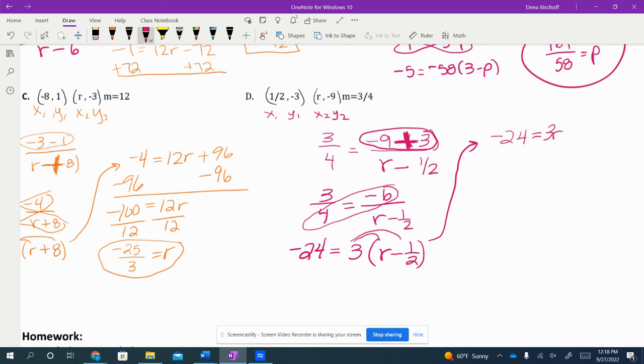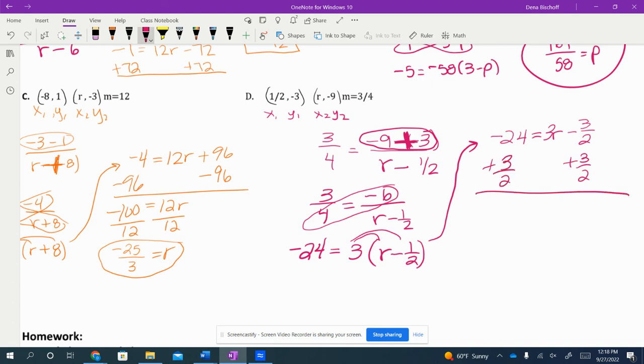And 3 times negative 1/2 becomes negative 3 over 2. Is there another way to write negative 3 over 2? Yeah, we could call it negative 1.5. Yep. All right. How do I move this? What do I do? Add what? Add 3/2 to both sides.